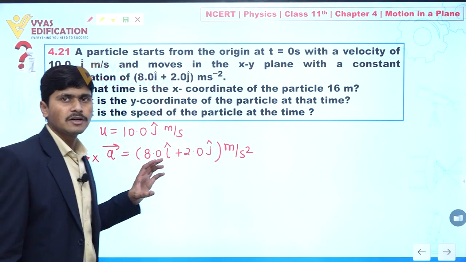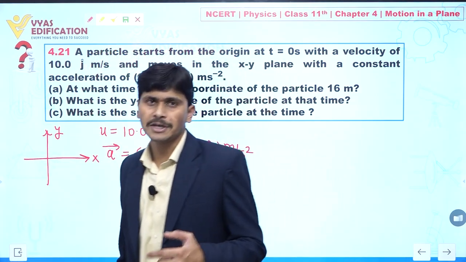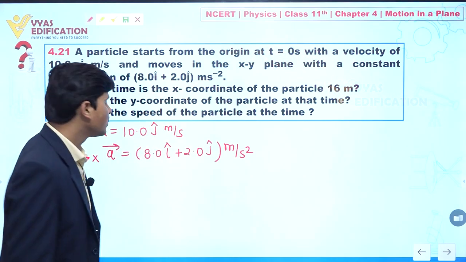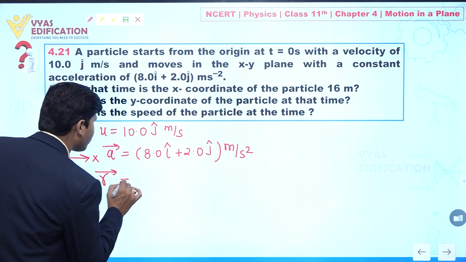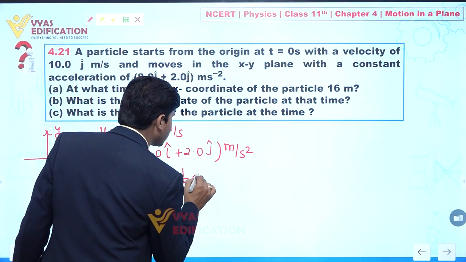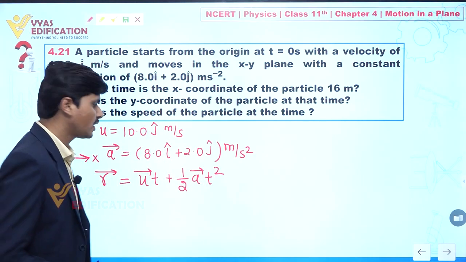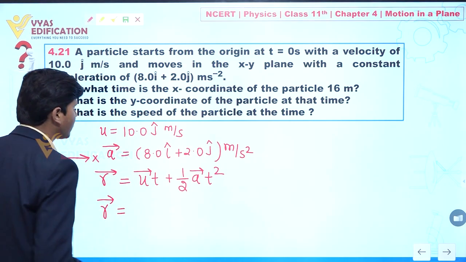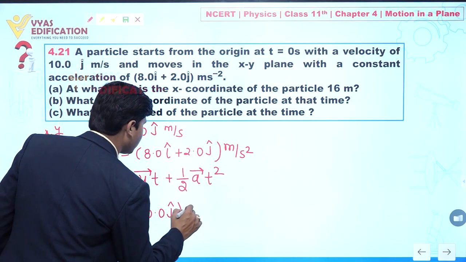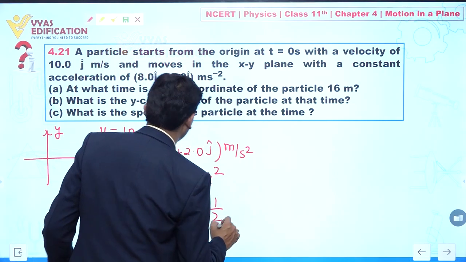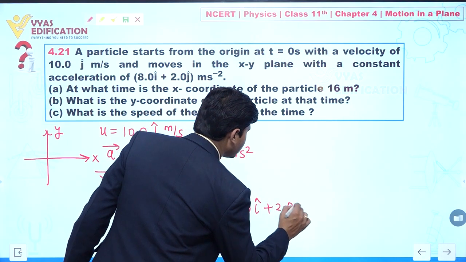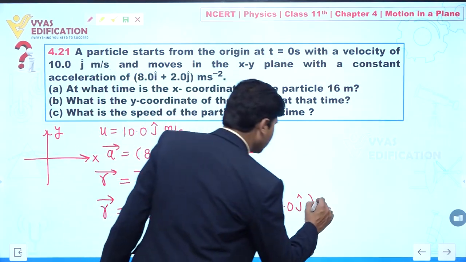Now let's write the position of the particle after time t. You can see the acceleration is constant, it is not varying with time, so I can apply s equal to ut plus half at square. The position vector is given by u, which is 10.0 j, times t, plus 1 by 2 times the acceleration 8.0 i plus 2.0 j, multiplied with t square.